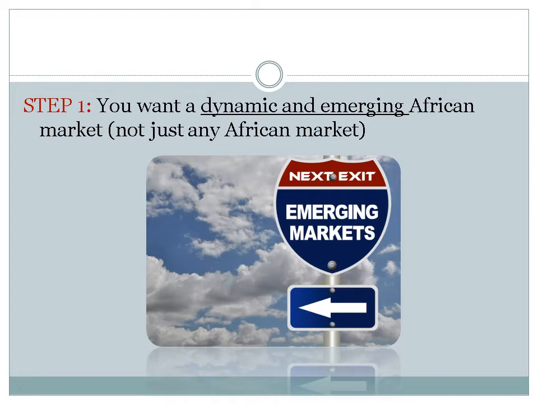Because frankly, the markets that are not dynamic and emerging, they hardly get mentioned ever, if at all, in regards to doing business or investment. So that's a possibility to go by, and make your list with some of the dynamic and emerging markets, and then move on to step 2.